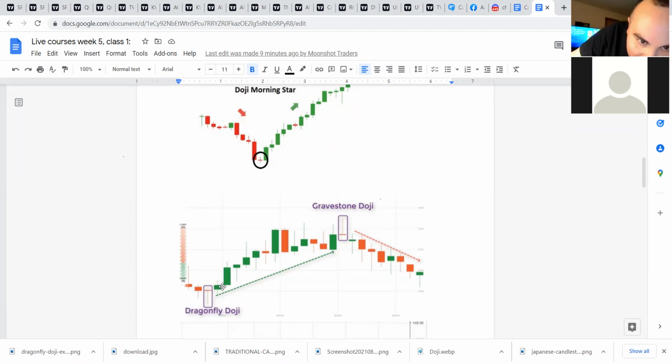And then the price goes up, a little uptrend going. And then we have our friend Gravestone doji. Gravestone, dead, bear, bad. It's the best way I can think of to remember it.